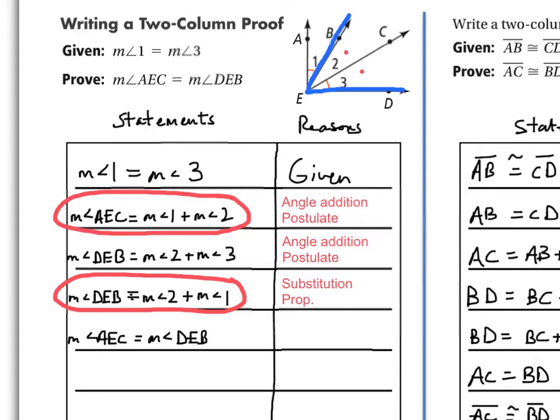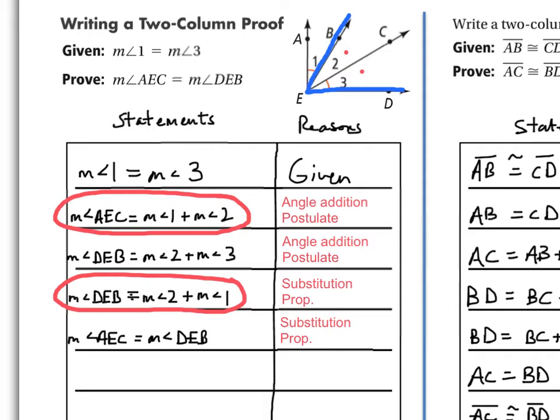So we'll go substitution. And now we've filled out the very first geometric proof. Okay, so we've been able to fill out this first geometric proof.